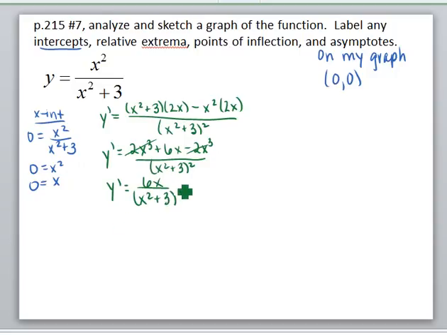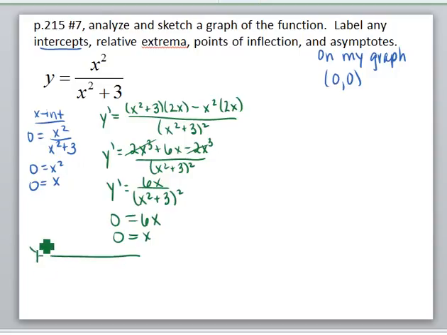Remember, I'm looking for places where the bottom gives me 0, where critical numbers would be, which there are no values, or where the top gives you 0, which once again, we get x equals 0. Where I found out that x equals 0 is the intercept, well, it happens to also be a critical number. What that means is that we're going to have to test this interval.